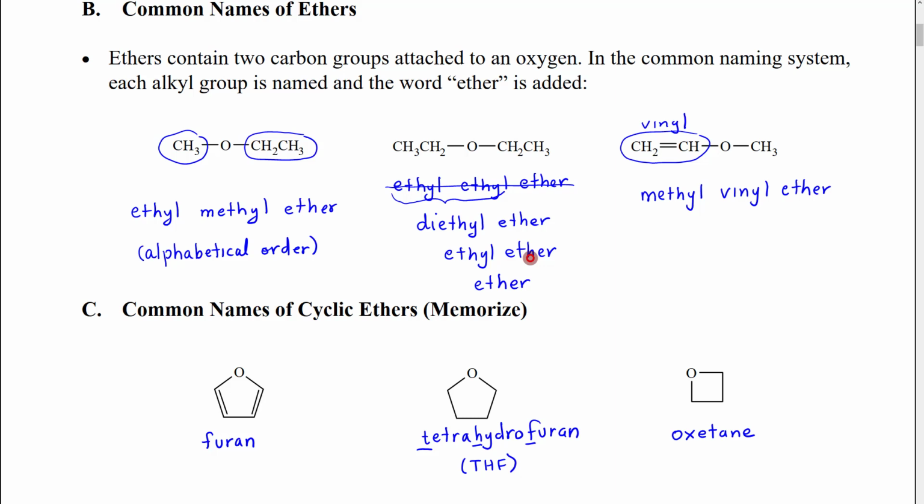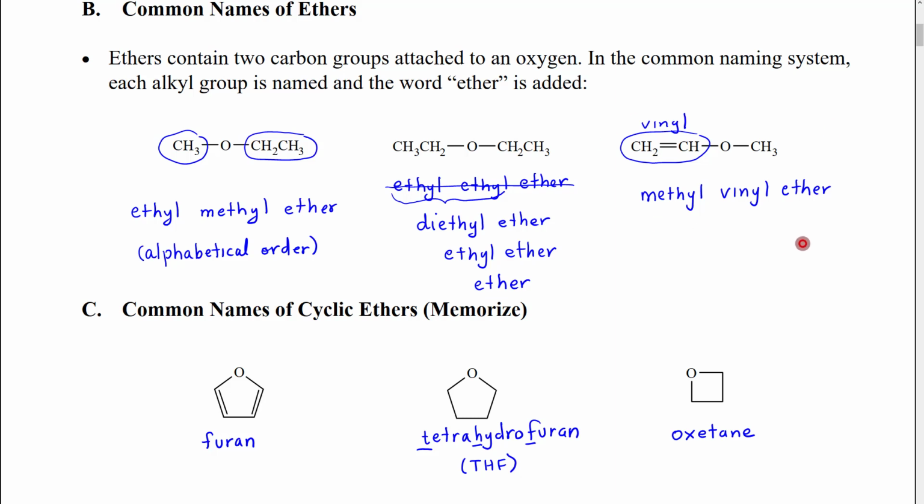Therefore, very often you will see this substance named as ethyl ether. Finally, just to make it even more confusing, because ethyl ether itself is such a commonly used chemical, organic chemists took to calling it just ether. So if somebody asks you to get a can of ether, what they're really asking for is a can of diethyl ether.